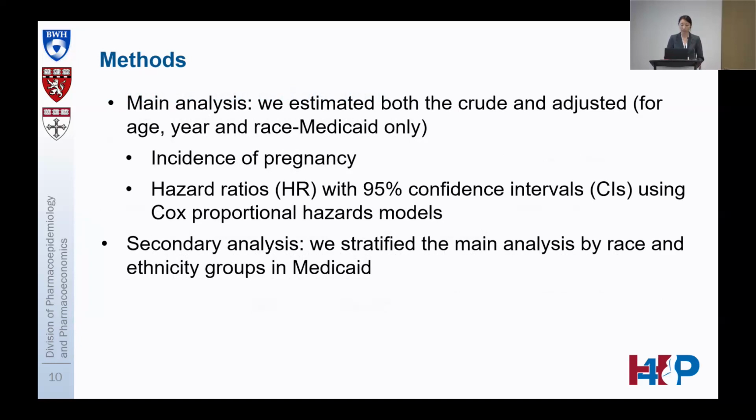We were not able to do so in MarketScan data because race and ethnicity information is not available there. That came from some observation and discussion regarding the REMS program possibly having a different effect among different racial and ethnic groups.